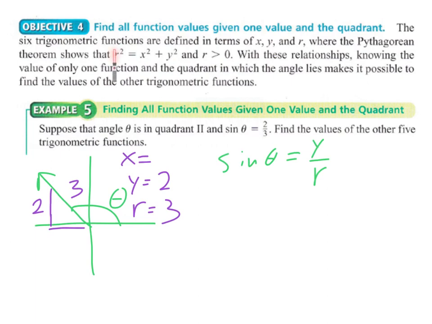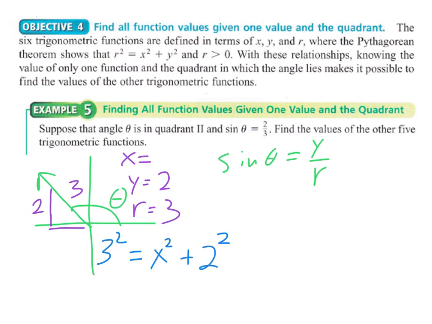And so we will use our equation here in order to do that. Now if we solve that for x, then we can do that. Otherwise we can just plug that right in as it appears. So r would be 3, so 3 squared would equal x squared, we don't know x yet, plus y squared, which is y is 2, so 2 squared.